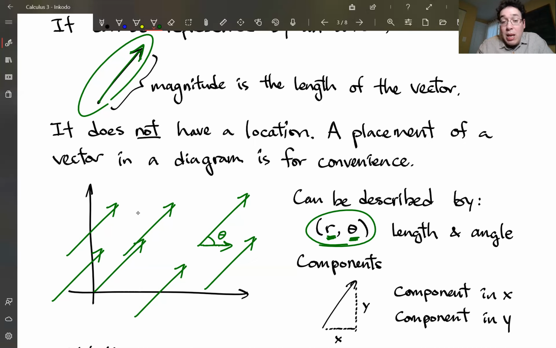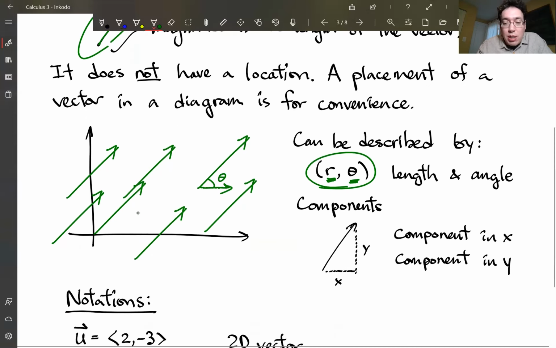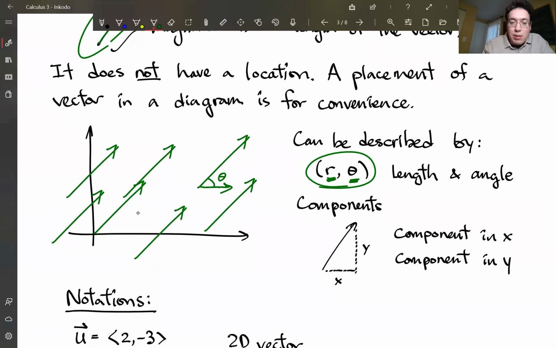Another way to represent a vector is by describing the components. You can draw a right triangle here. How many units does it go in the positive x direction? And how many units does it go parallel to the positive y-axis? Then record that information.